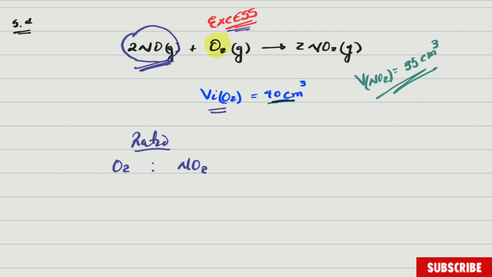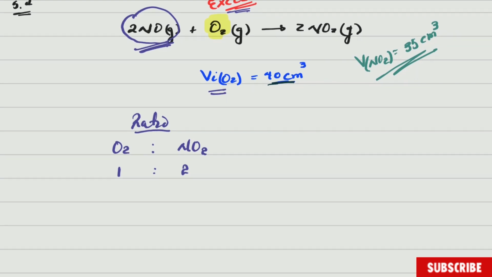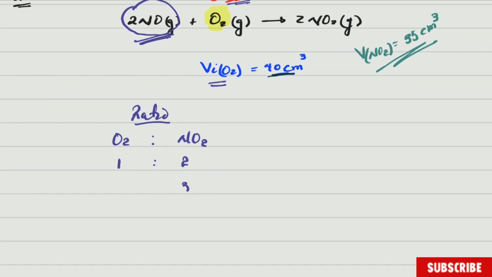So the ratio is going to be 1:2. And I want to know, to produce 35 cubic centimeters of nitrogen dioxide, how much oxygen I actually need. And this one, guys, is a cross product. You all know that.